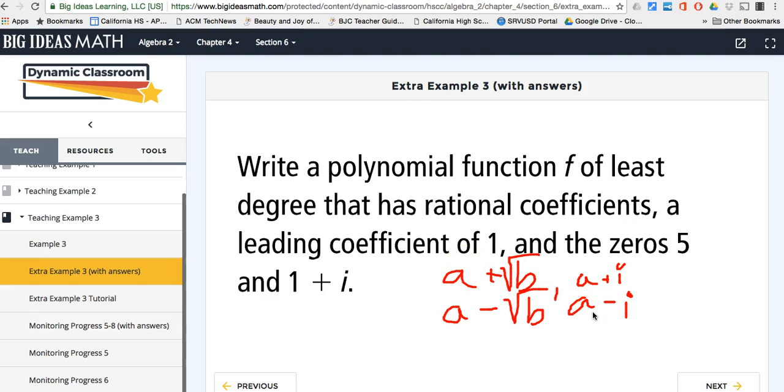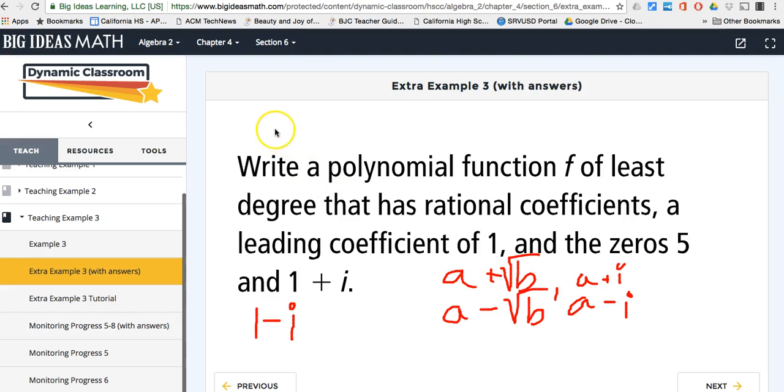Now in this example right here, we know that 1 plus i is a 0. So try to think to yourself real quick, what else must be a 0? Take a second to think. Hopefully you came up with 1 minus i. That means that its conjugate, when we refer to conjugate, is the same terms with a different sign in between.